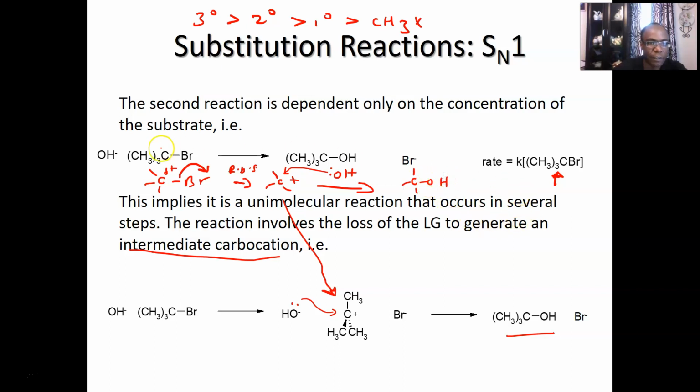And that's why only one molecule determines the rate, which is this substrate, and that's why it's called SN1, because one molecule determines the rate. It's unimolecular, but you're still substituting because the Br will be swapped with OH. Okay, the loss of the leaving group helps you to make the carbocation.